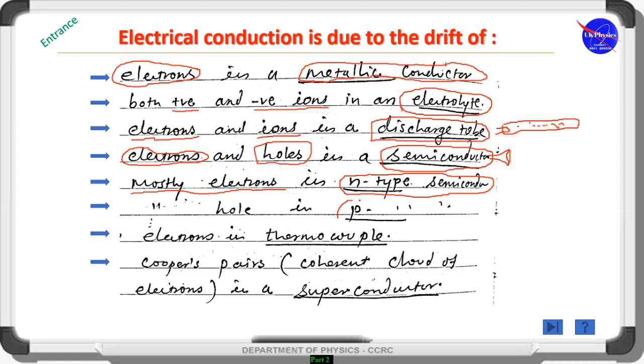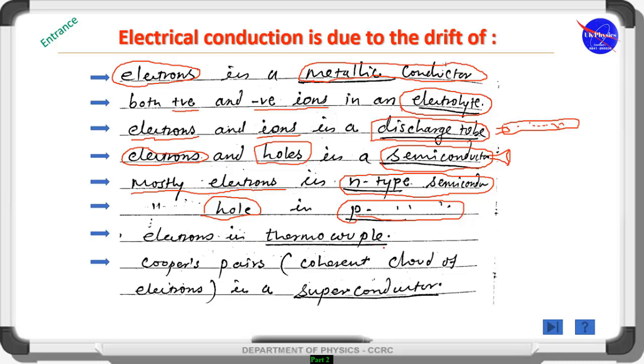Inside the p-type semiconductor there are mostly holes, and the electrical conduction inside the p-type semiconductor is due to the motion of mostly holes, that is mostly positive charge.